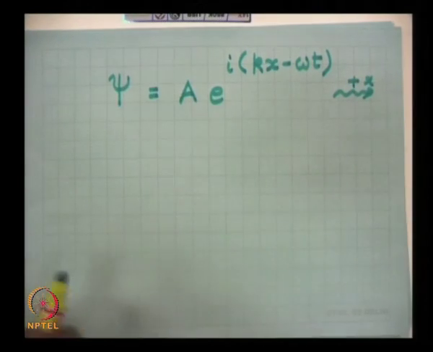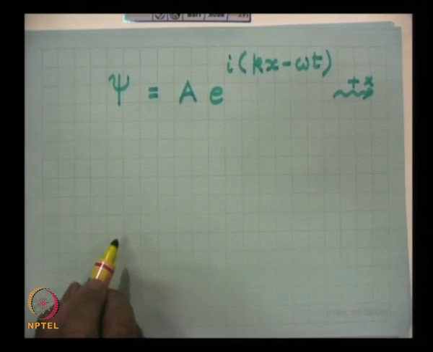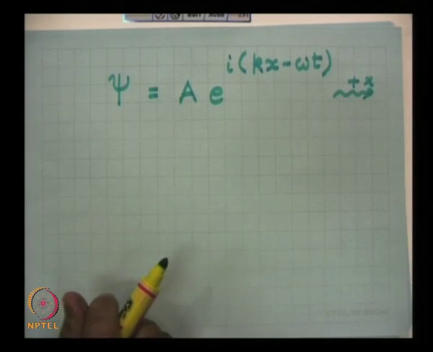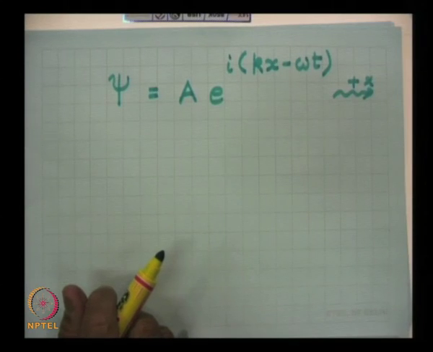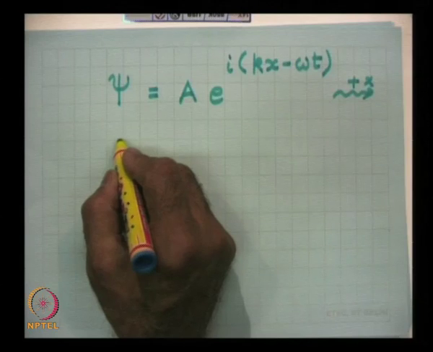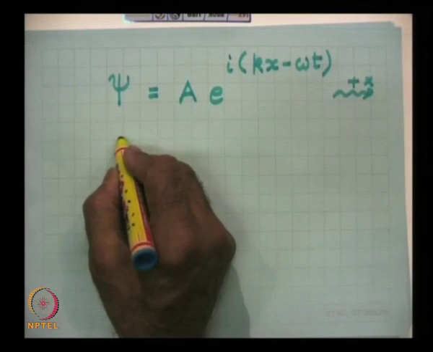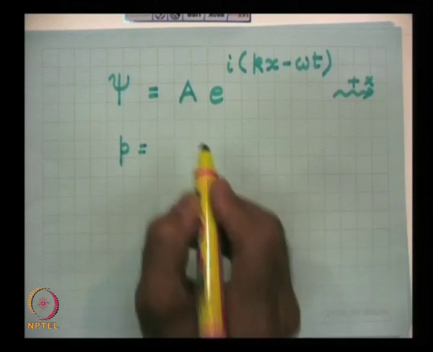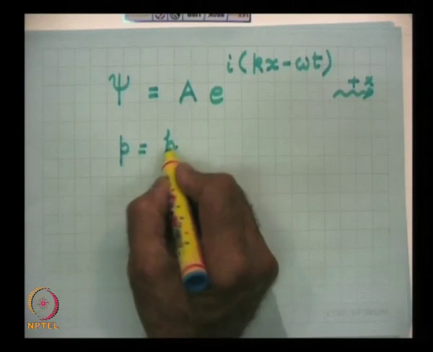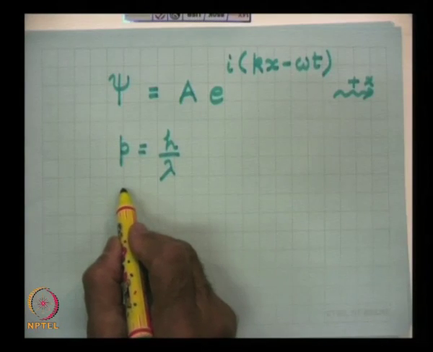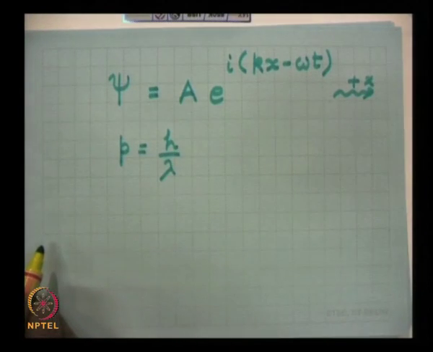Now, in this equation, I somehow inject the wave particle duality. So, as was put forward by de Broglie, the momentum of a particle is related to the wavelength by h by lambda. This equation is known as the de Broglie relation.